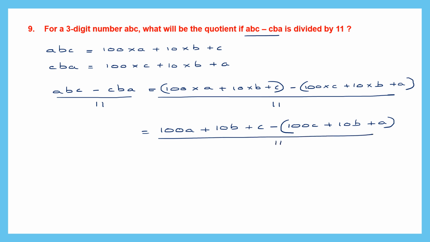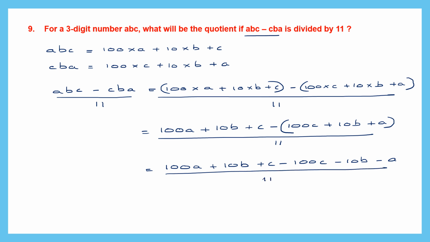This time we're going to remove the brackets. So this is going to be 100A plus 10B plus C minus 100C minus 10B minus A. So now this is divided by 11.